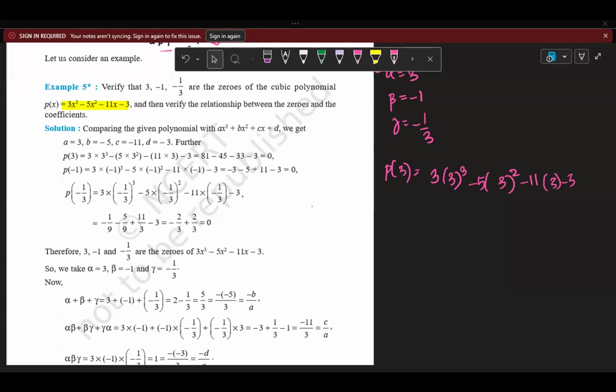Children, completed? No, ma'am. Children, just verify that these are zeros or not, okay?